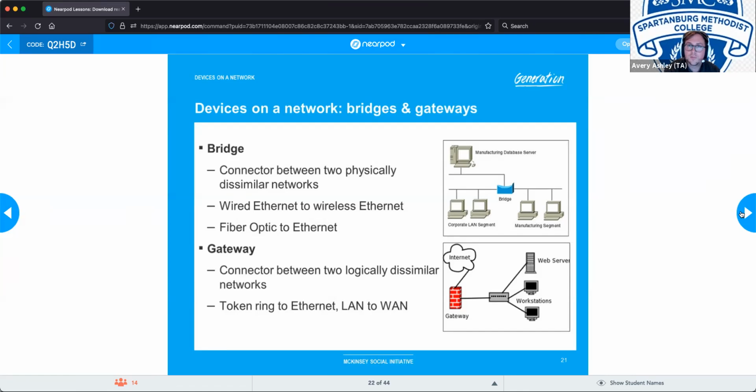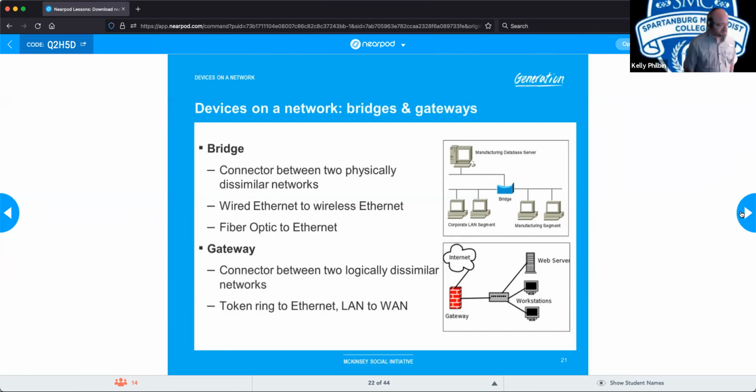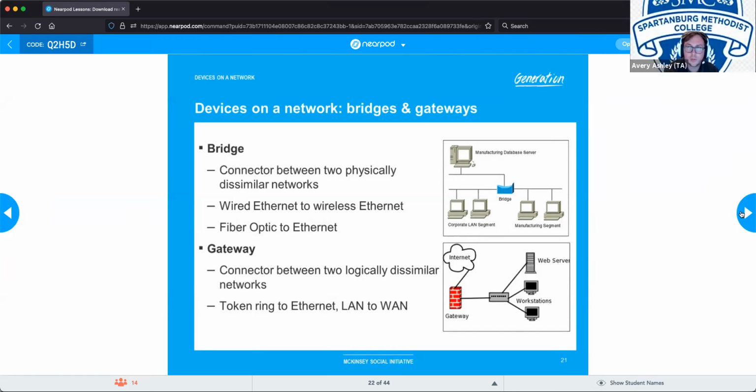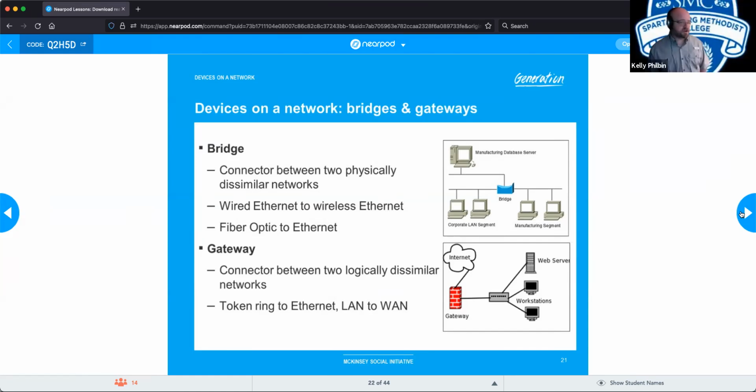With a bridge, think physical differences. With gateways, think logical differences. So bridges are physical, gateways are logical. Bridges can change from coax to Ethernet, Ethernet to fiber. So the bridge changes the physical medium by which you're communicating, and the router connects logically different networks together.